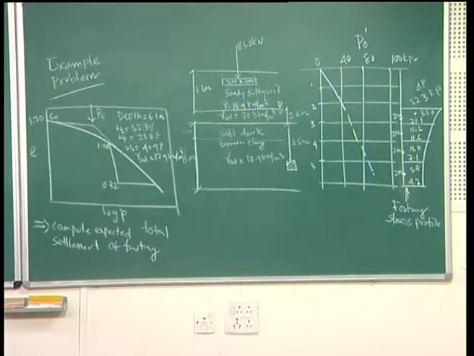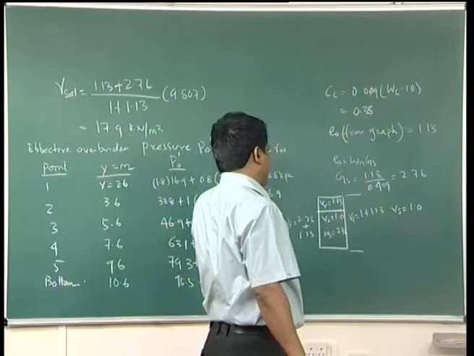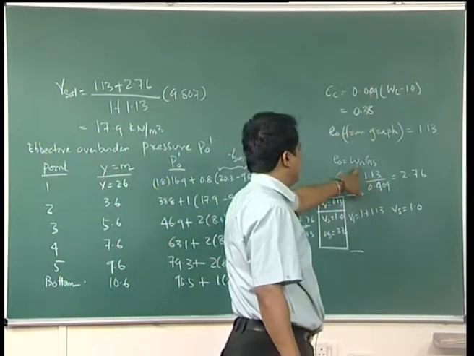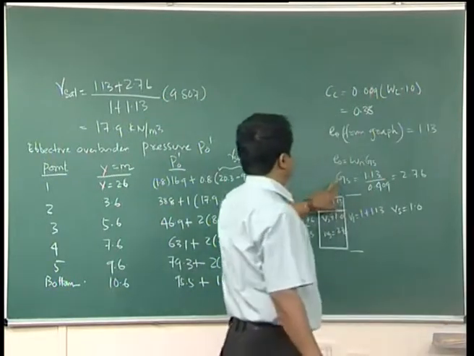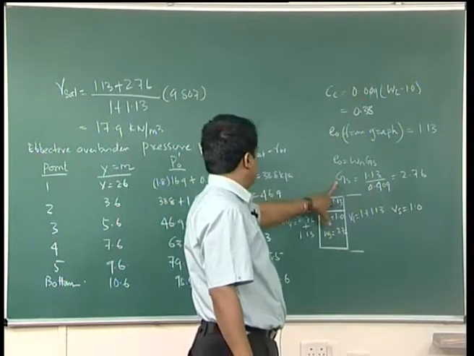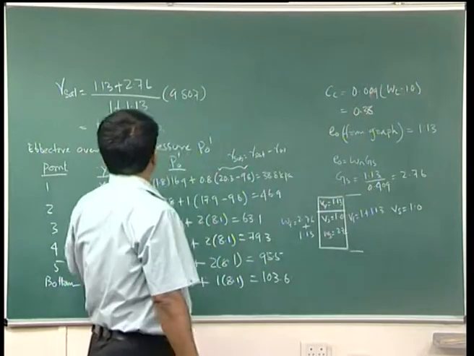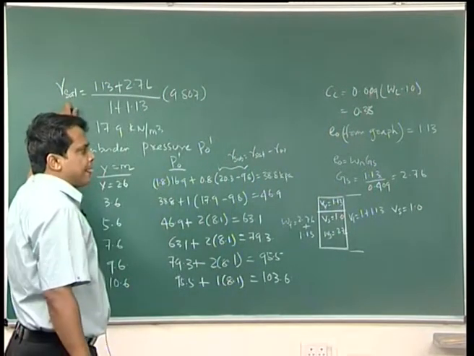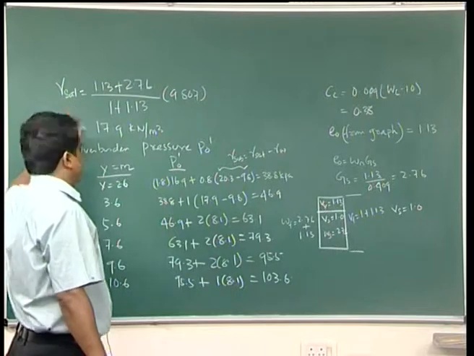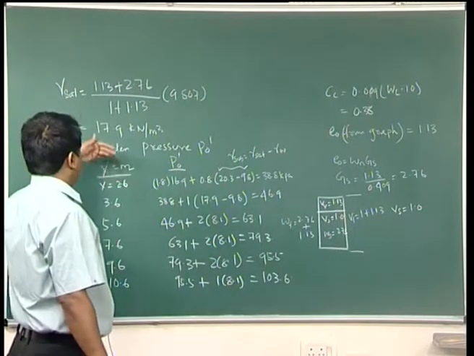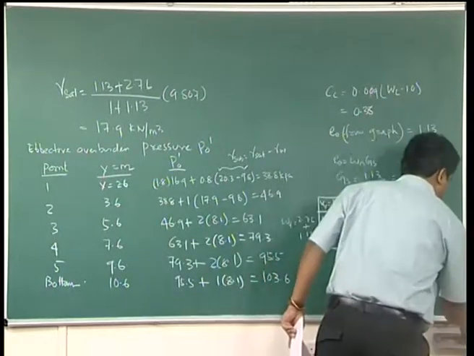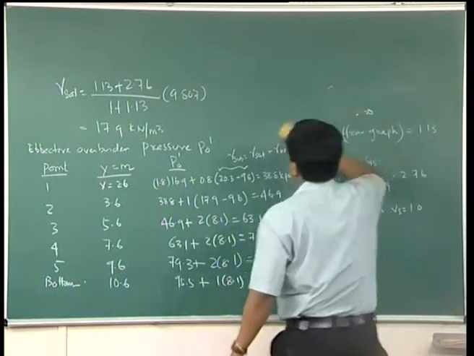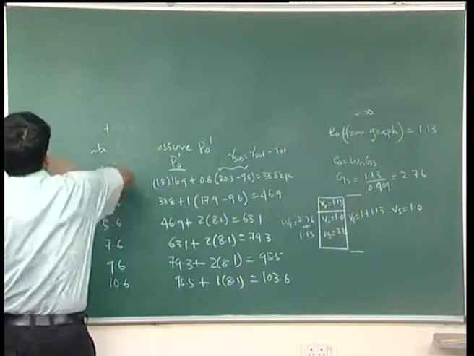Then E 0 is equal to Wn into Gs; the natural moisture content is given, so from there you find Gs. Once you get Gs, you calculate gamma saturated, and then the effective overburden pressure. So this part is over: the effective overburden pressure, layer wise, has been calculated.